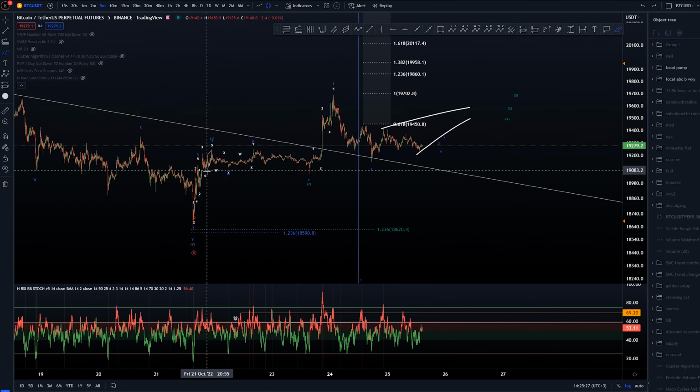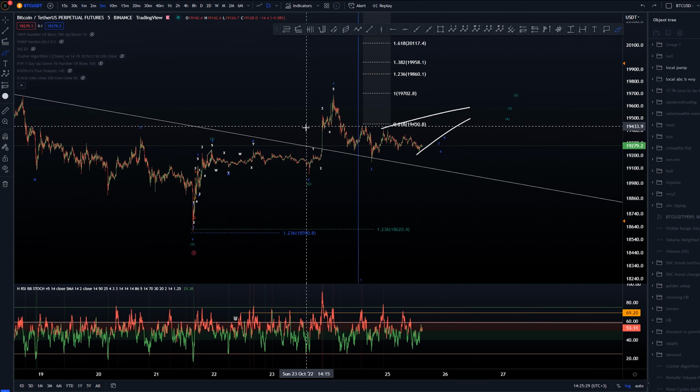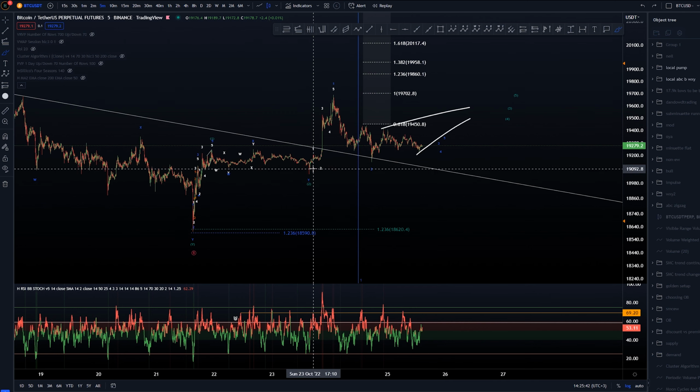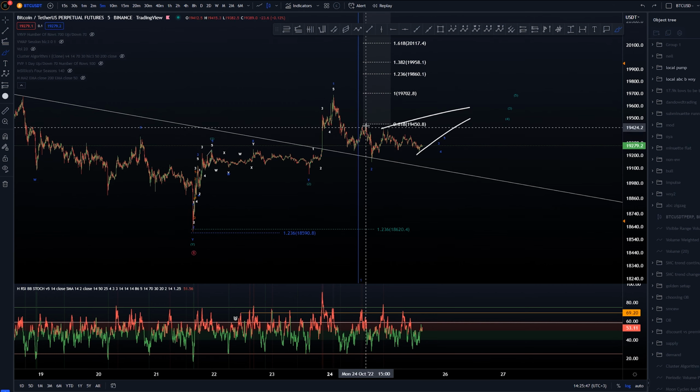Of course, it is possible that this is an ABC that we have on the other counts. It makes a lot of sense as well. Getting right below the 1-to-1 extension, we did not tag it, unfortunately. As mentioned on the previous one, I had a take profit here from the lows that we had for the long possibility. I took my profits here.